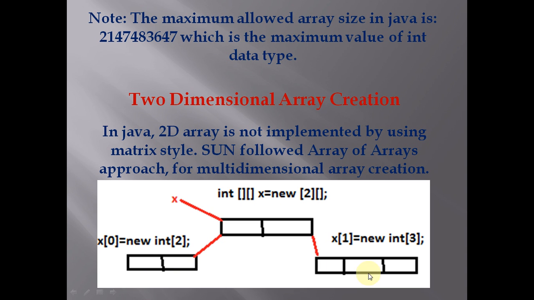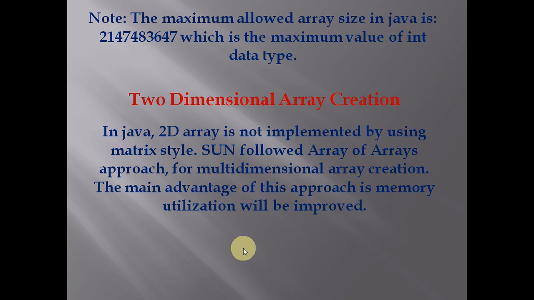In this case we needed only 5 elements, but one element would have gone wasted in matrix style. 2 into 3 means 6, but I wanted to use only 5, so I can use 5 this way, while in matrix style 2 into 3 means 6 elements would have been there, and if I had specified 5, then one would have gone wasted. So I can simply use this concept of array of arrays which was given by Sun to utilize my space. So this was one main advantage.